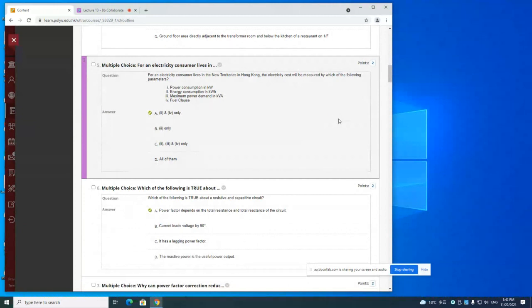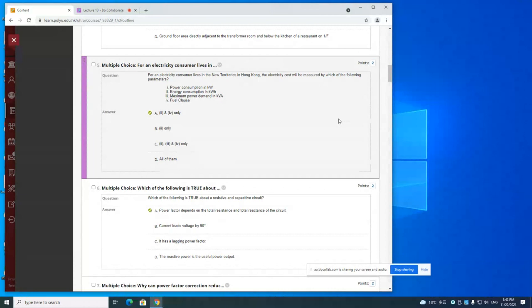Okay, number 5. The electricity consumers lives in the new territory in Hong Kong. The electricity cost will be measured by which of the following parameters? So we have kilowatts hour, kVA, and a few clauses. And for the residential customers, okay, normally the power company will charge using the kilowatts hour and a few clauses, okay.